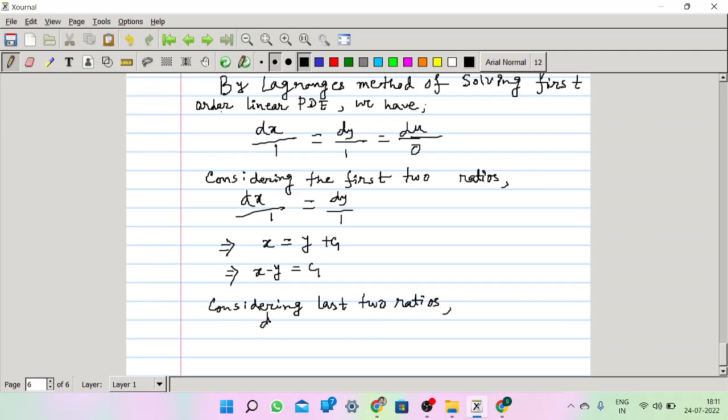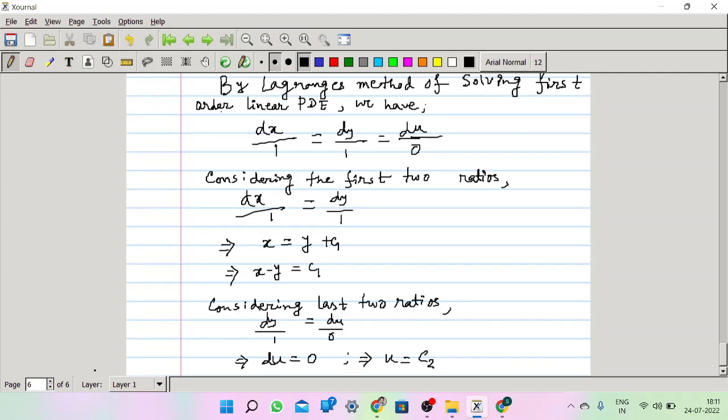I get dy by 1 equal to du by 0, which implies, by cross multiplication, that du is 0, which implies u is equal to another constant c2.